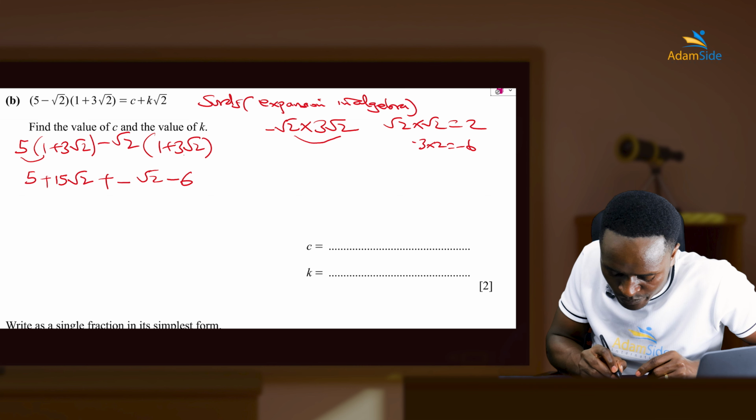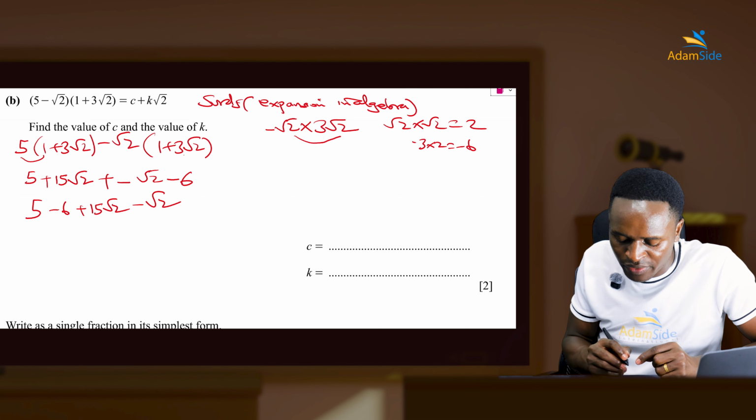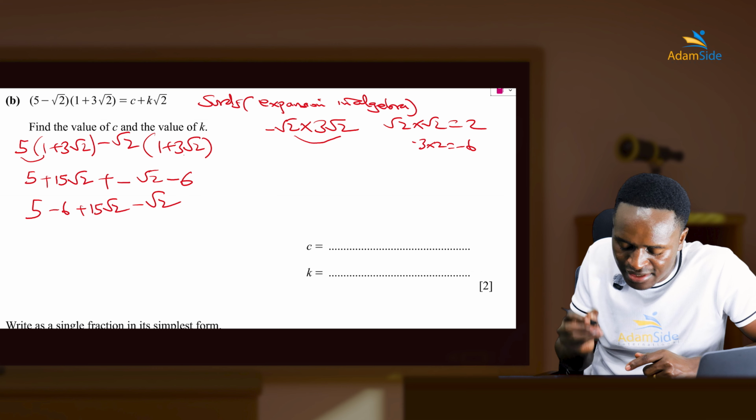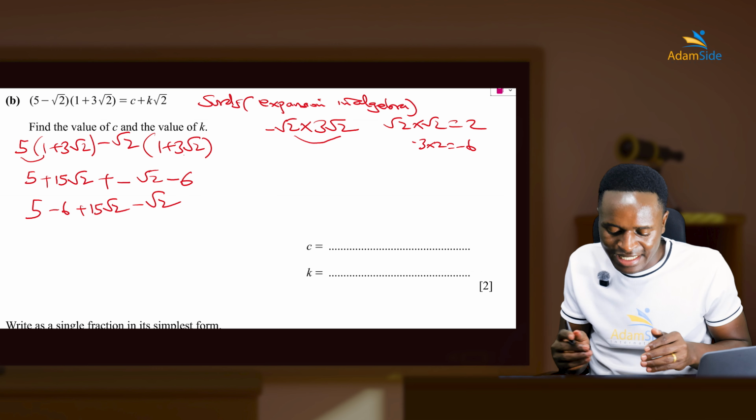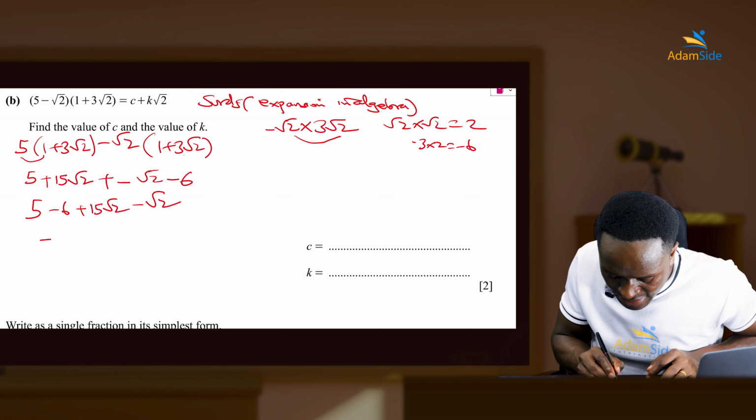Let's collect like terms. So we have 5 minus 6 plus 15 root 2 minus root 2. Remember, when positive follows negative, it is negative. Then take the coefficients. 5 minus 6 is minus 1, plus 15 minus 1.